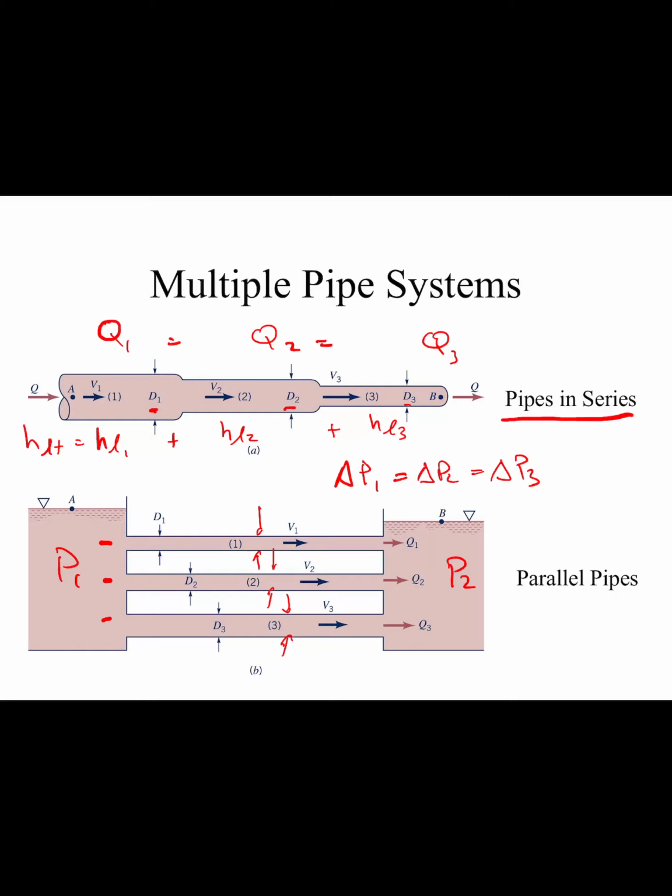So when we talked originally about a pipe in series, where we sum the pressure drops, now in the parallel system all of the pressures are the same, and the flow rates are going to sum up for us.